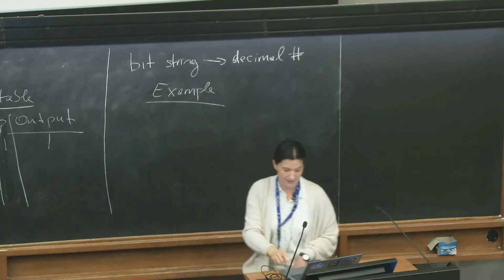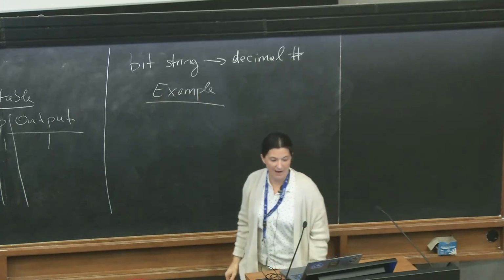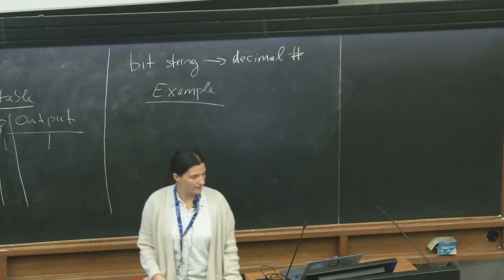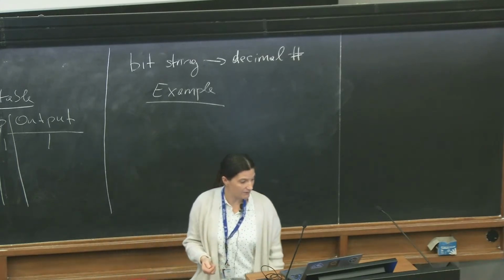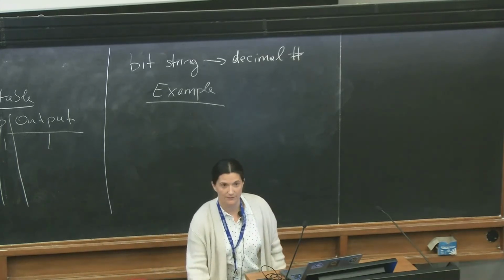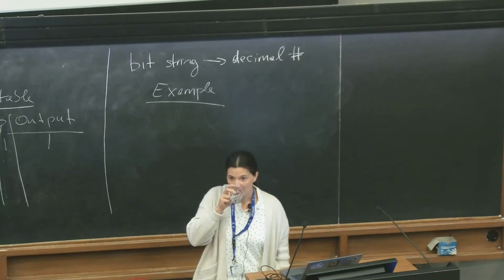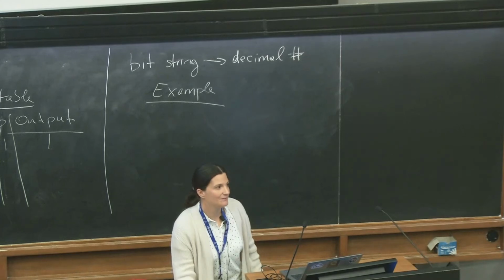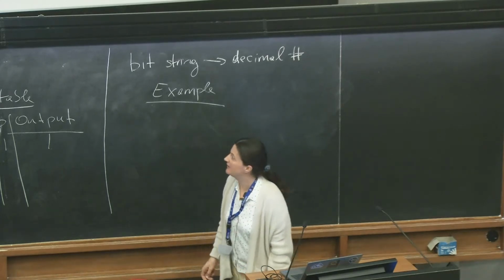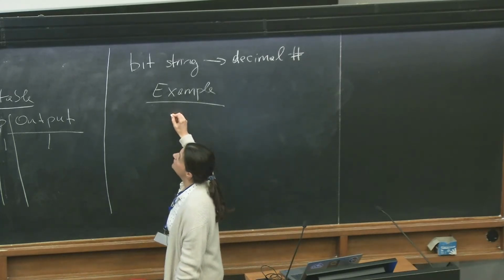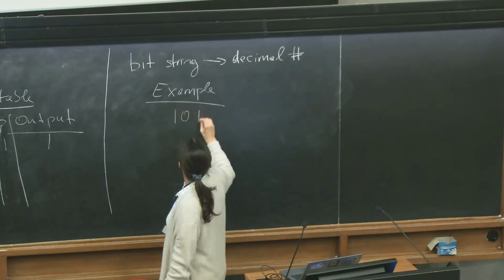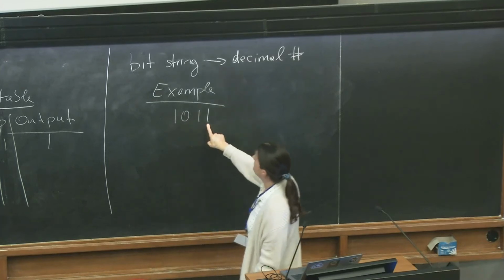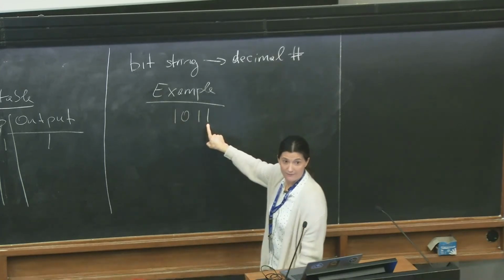Which I have up next: what is the binary number 1011 as a decimal number? Huh? 11, okay? So we have a suggestion, 11. So let's do this. So 1011. This is your first one, right?